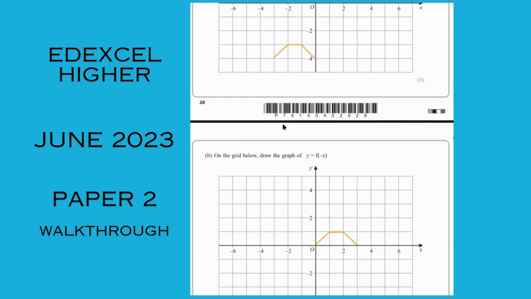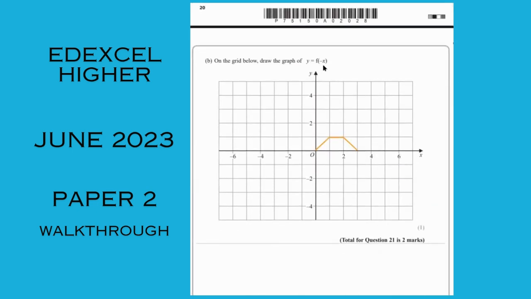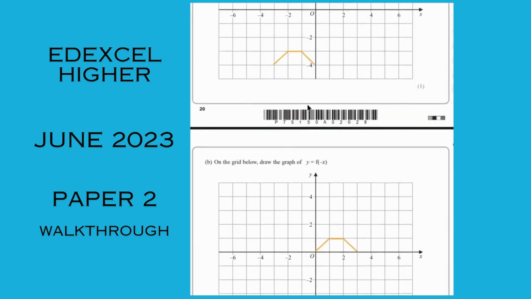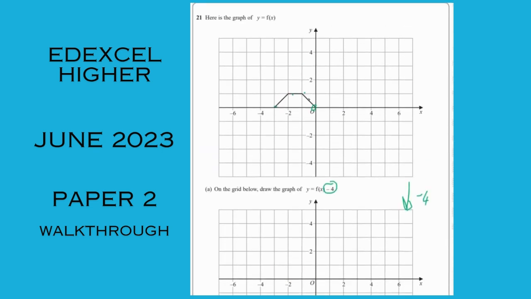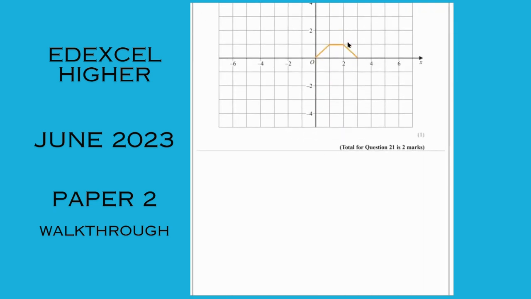And the next bit is if you replace x with negative x, that means all the horizontal movements, all the movements left, become movements right, or in other words, you reflect in the y-axis. So that's why your shape should be appearing over there, but draw it neater than I've just done.